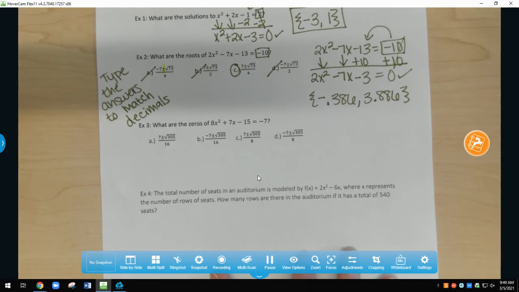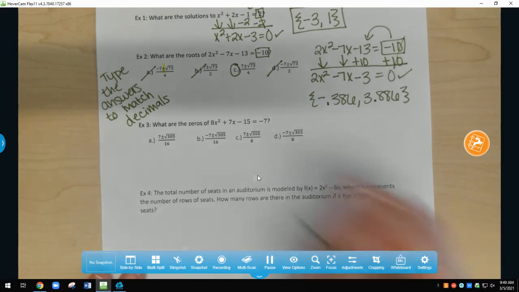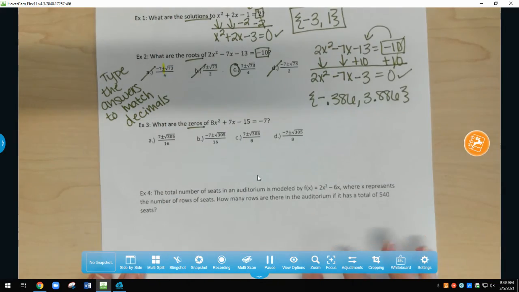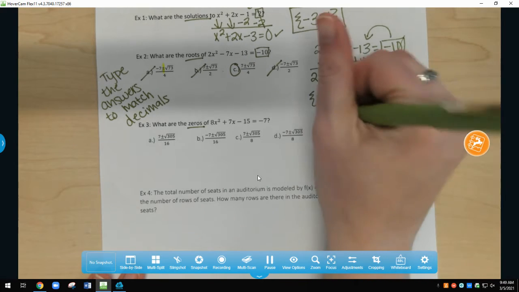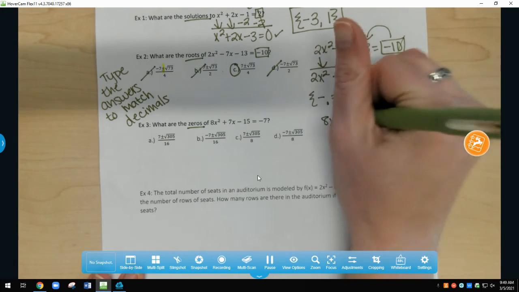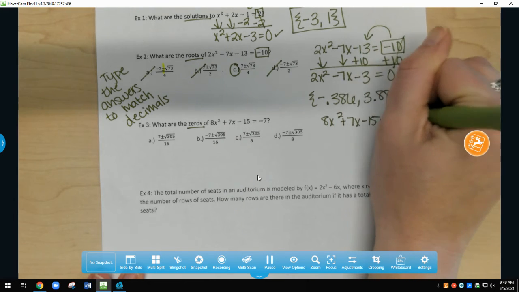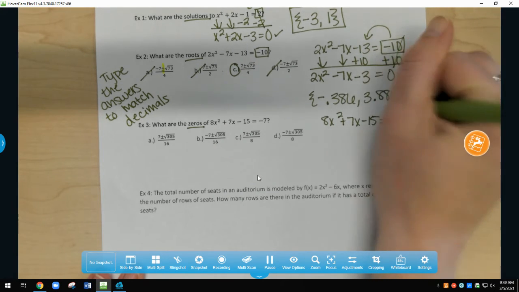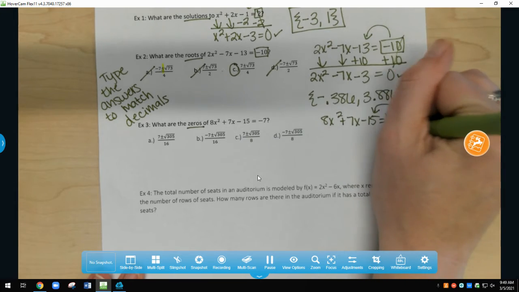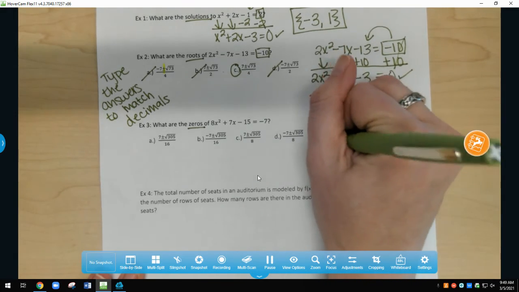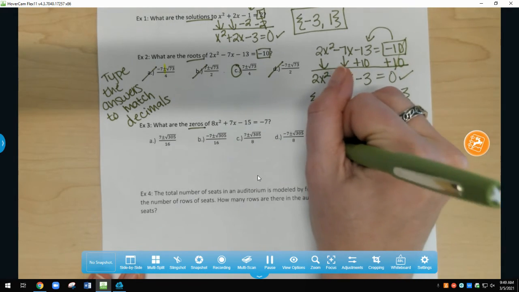Okay. Example 3, what are the zeros? Remember, roots, zeros, solutions, it's all the same. Okay, so on this one, it's the same thing as the one above it. I'm going to move that negative 7 over, drop down everything else.